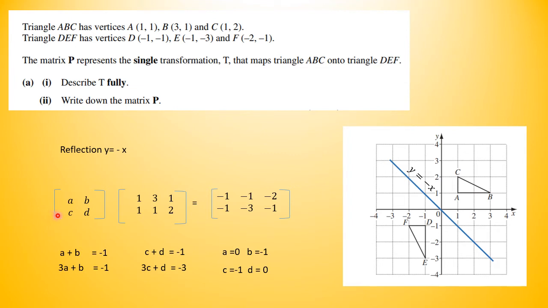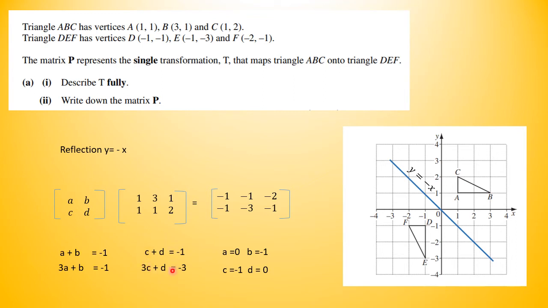Similarly, using the simple matrix multiplication technique of row by column, I take the second row along with the first column. Second row: c plus d is equal to minus 1, which is over here. Again, the second row with the second column, which is 3c plus d, which is equal to minus 3.